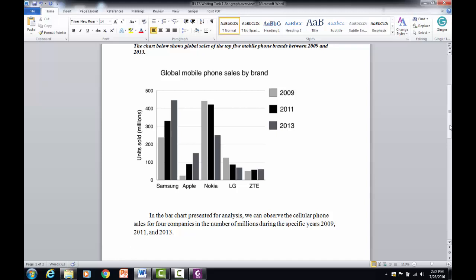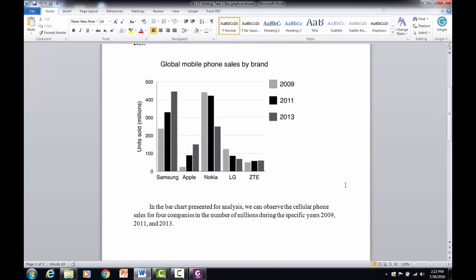So when we look at 2009, the highest sales were for Nokia, and the lowest sales were for Apple. Isn't that interesting? For 2009, the highest sales were for Nokia, and the lowest sales were for Apple in terms of global mobile phone sales by brand. So that will make up our first sentence.